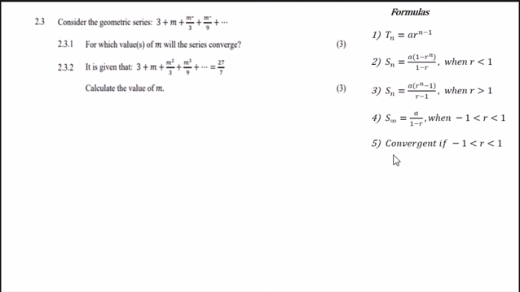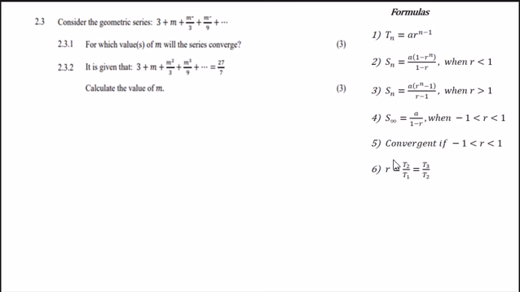Number 5. Some questions will ask for what values of r, or for what values of m, a certain series is convergent. Our series is convergent if our r is a proper fraction, meaning r is between -1 and 1. How do we find our r?